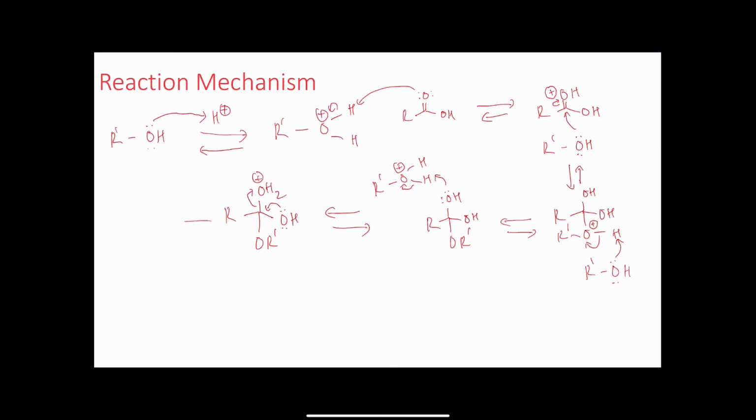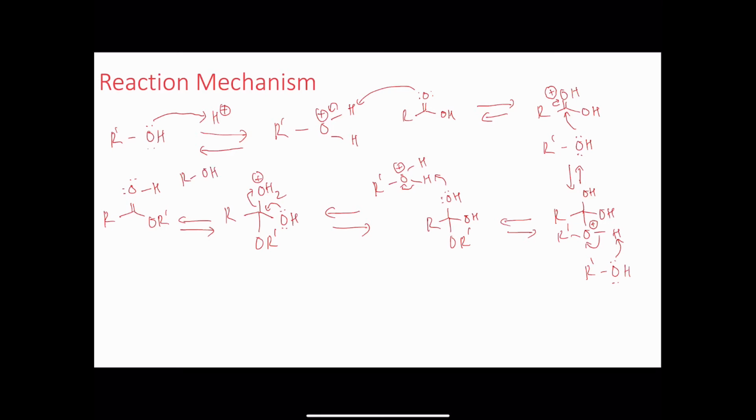So we're gonna have a new intermediate with just one OH group. So the last step, we need to eliminate the hydrogen of the OH group in order to form the final ester.